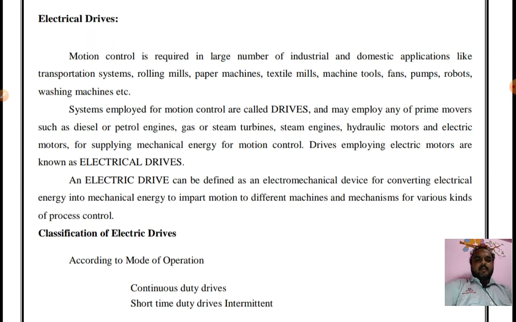Systems employed for motion control are called drives.